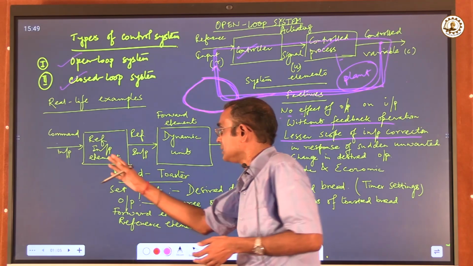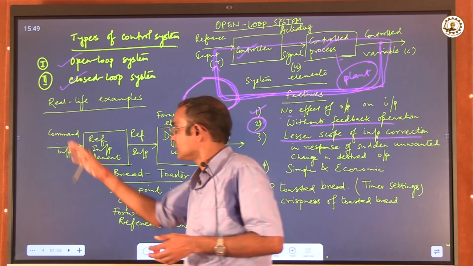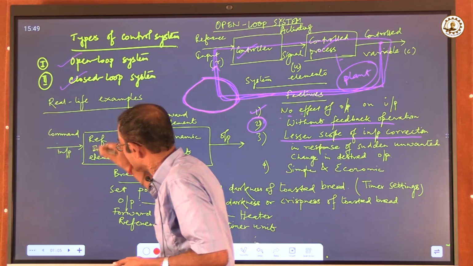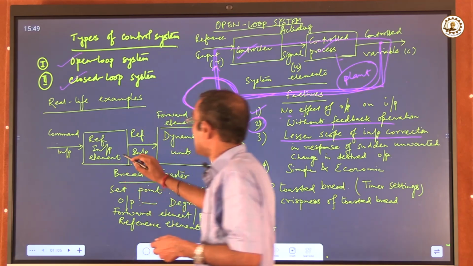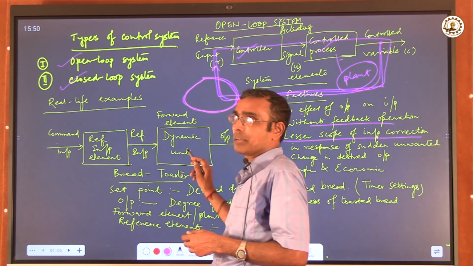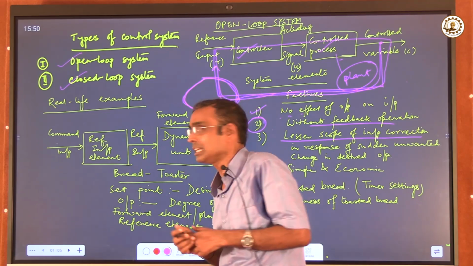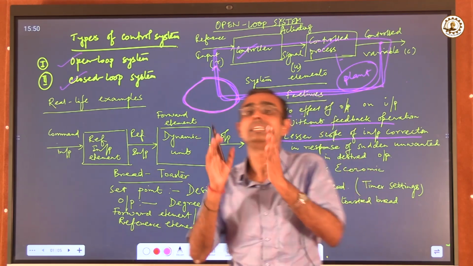Let us see. This can be formulated in this way: the command input is given to the reference input element in the toaster, and the reference input element generates the reference input into the dynamic unit. Now this dynamic unit is nothing but the forward element of the bread toaster, which is the heater portion.